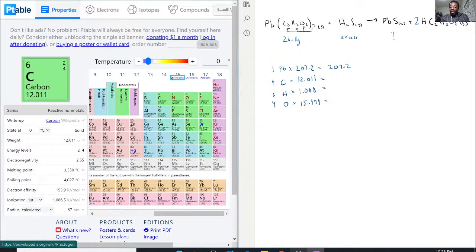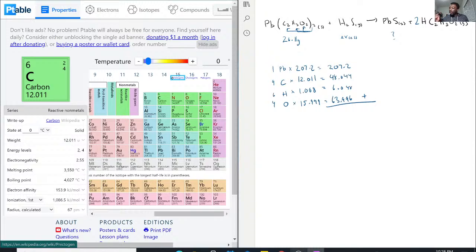And then the carbon is 4 times 12, that's 48.044. The hydrogen is 6.048. And the oxygen, 15.999 times 4, is 63.996. Okay?